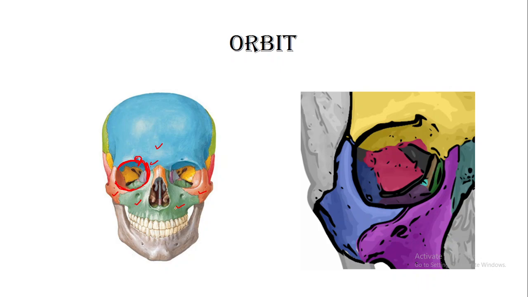This green colored bone is the maxilla, and this upward extension of the maxilla is called the frontal process of maxilla. This whole is the frontal process of maxilla and this portion is the lacrimal crest of the frontal process of maxilla.